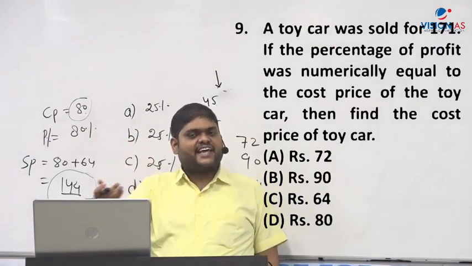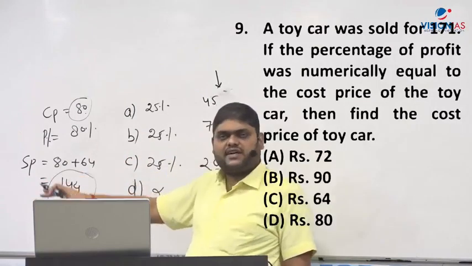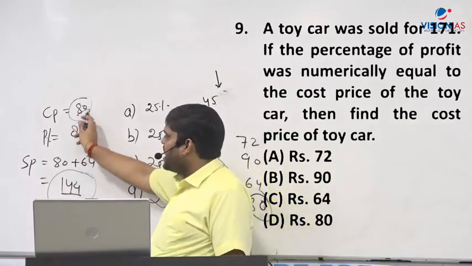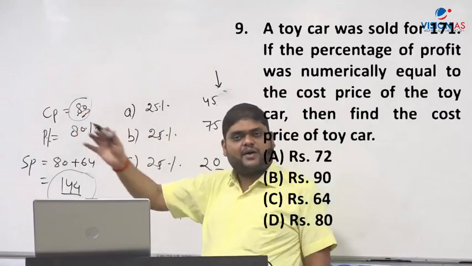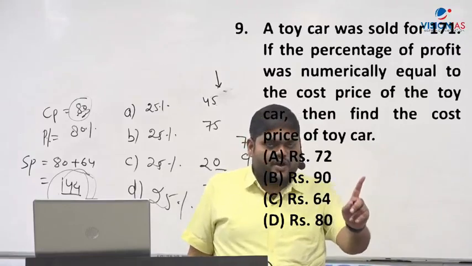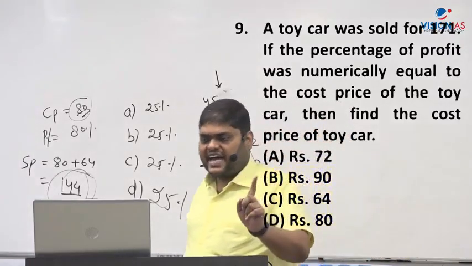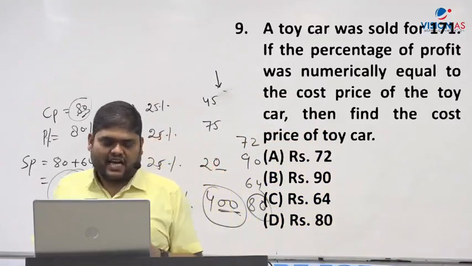Because if you take any number less than 80, I will definitely not reach 171. That means only one option is more than 80. That will be 90, and that will be the correct answer.